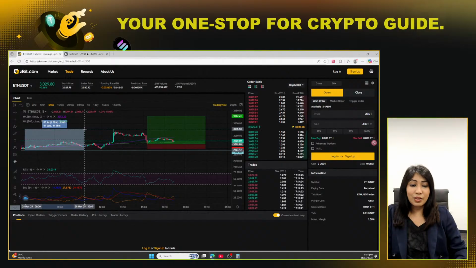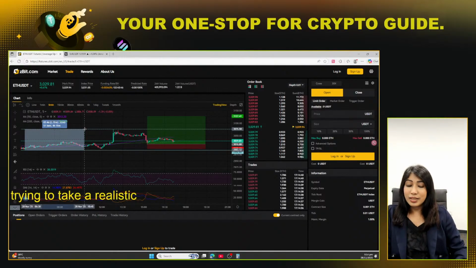And also now that we are heading towards the end of the year and all, because as a primary there is nothing positive that can actually shoot up the prices that crazy. So we kept all those scenarios in mind, and we're trying to take a realistic figure, a realistic target.